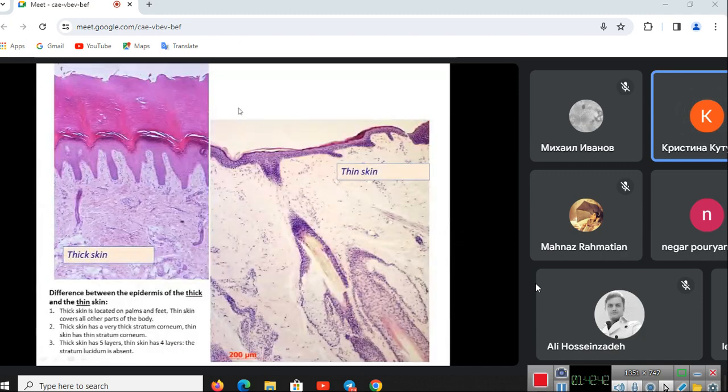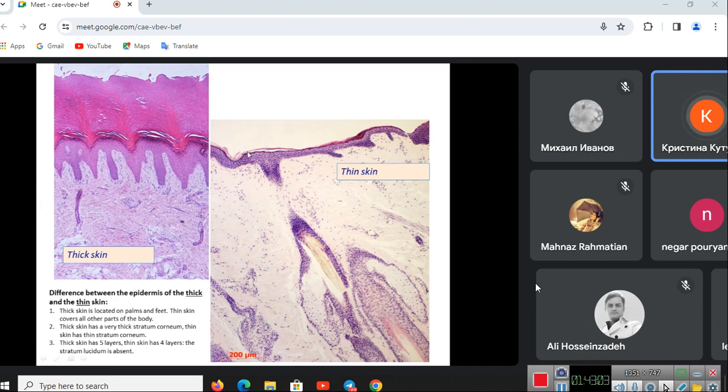So as I told you, we have thick skin in the palms and feet, and thin skin covering the rest of the body. So the main difference is the thickness of the stratum corneum. Compare the stratum corneum in left picture and stratum corneum in right picture.